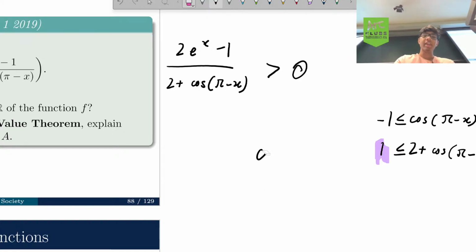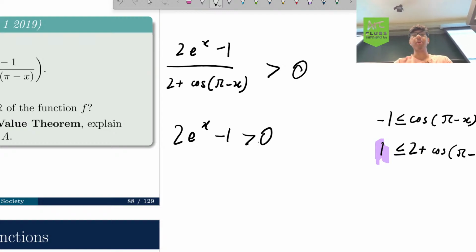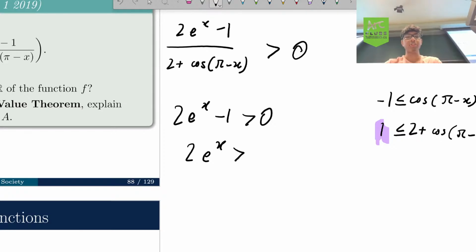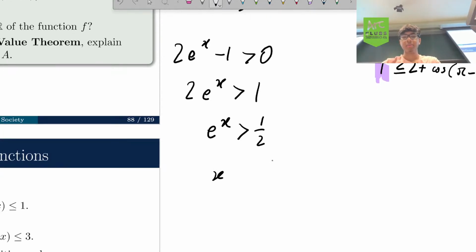But in this case, the denominator is positive, all good, I can just get rid of it. So when I multiply it across, 2e to the x minus 1 is greater than 0. This is really basic algebraic manipulation. 2e to the x is greater than 1, e to the x is greater than a half, x is greater than ln of a half, so x is greater than negative ln 2.